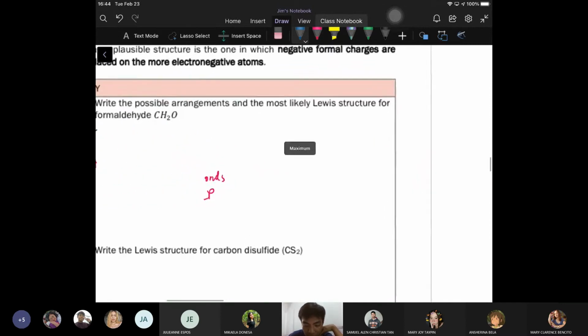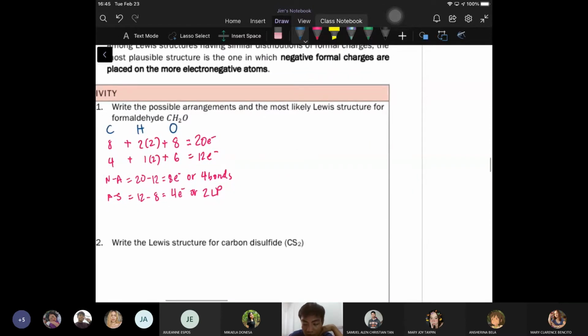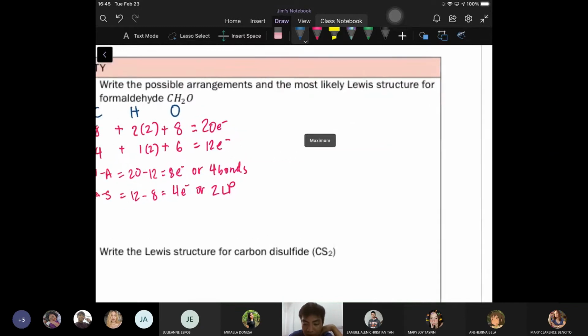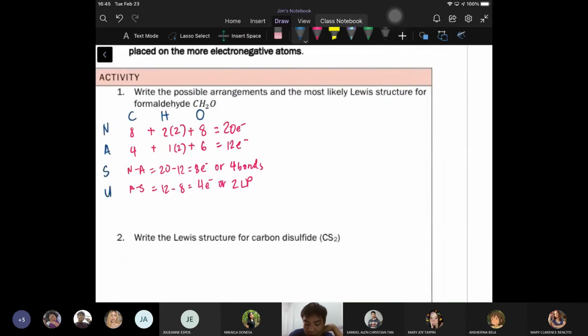Okay, so let's try to draw. Ano ba yung mga possible structures for formaldehyde? So, pwede gawin natin, i-identify muna natin which of the atoms ang least electronegative with exception to hydrogen. Why hydrogen? But exempted siya kasi we know that hydrogen is the terminal atom as always, no?